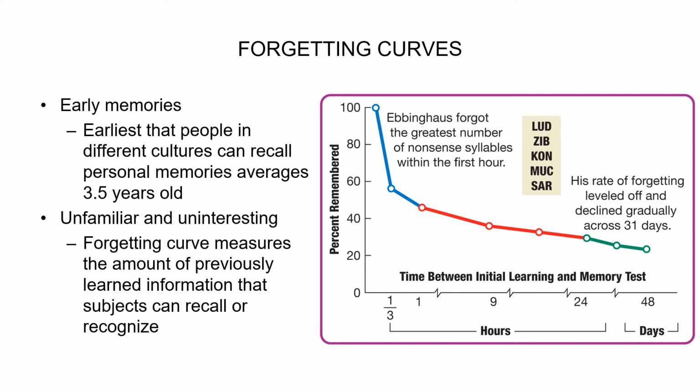Part of it's because we didn't find it interesting, so the mind doesn't process it at a deep enough level. Look over here on the right, nonsense syllables, which are going to be unfamiliar and pretty uninteresting. Time between learning and memory test, 1/3 of an hour, you only remember about 60%. 48 days later, remembering about 20%.